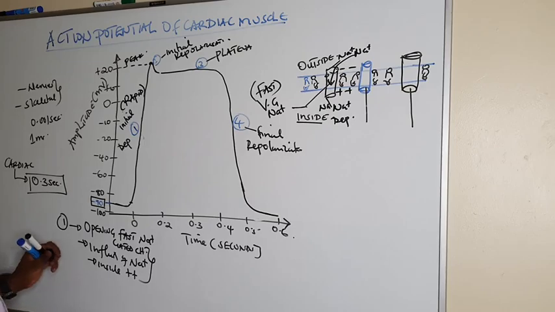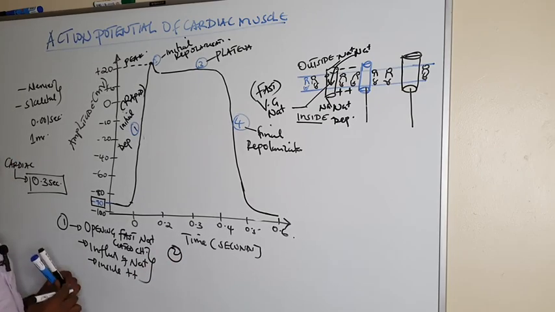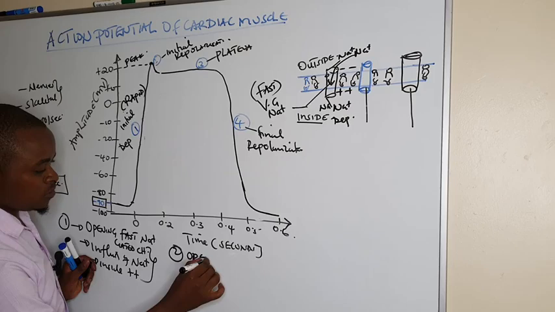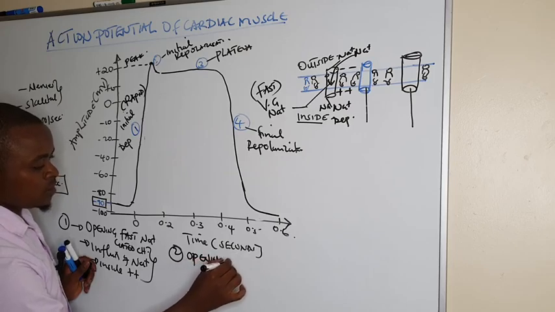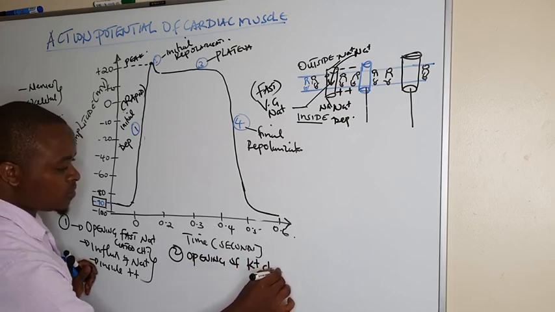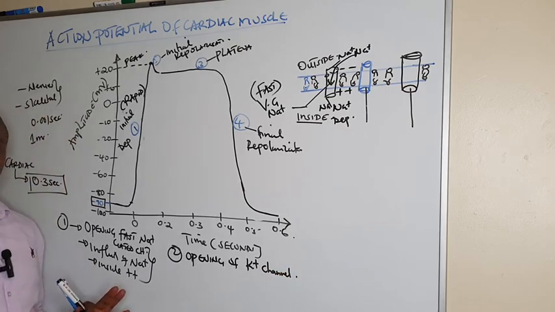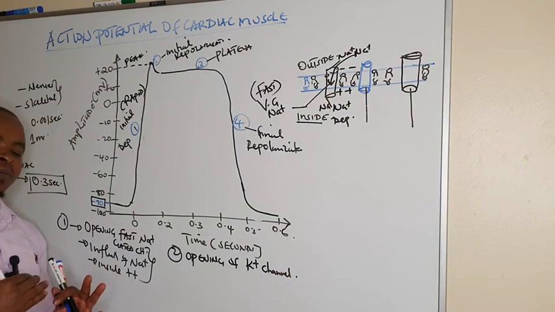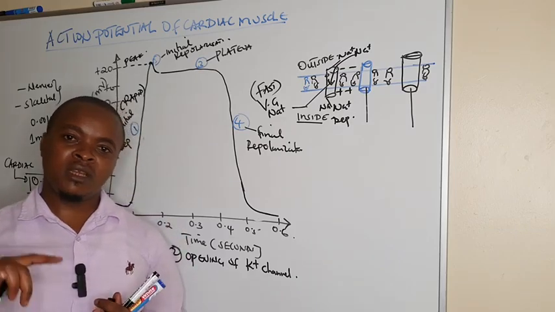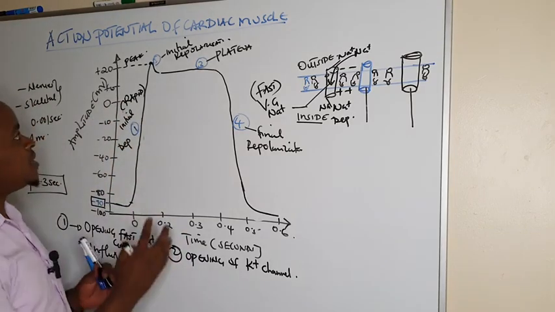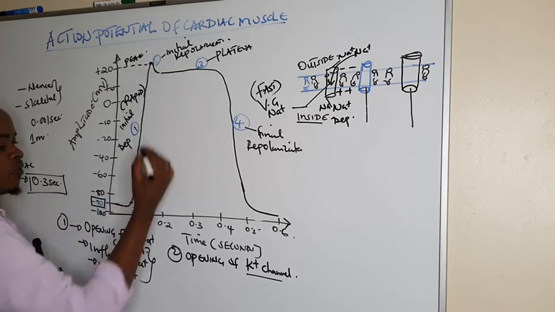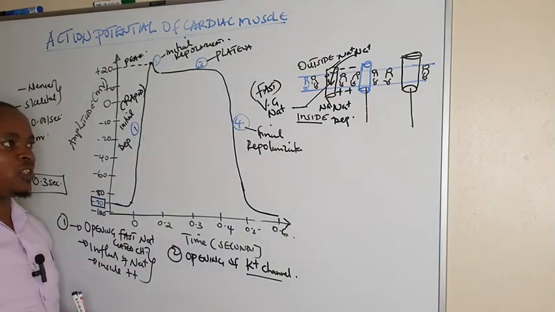And this initial repolarization, which is labeled number 2, is due to opening of fast-acting potassium channels. These are some potassium channels which open quickly. We know the majority of the voltage-gated potassium channels slowly open and slowly close. But there are some fast-acting potassium channels which open here before opening of the calcium voltage-gated channels.